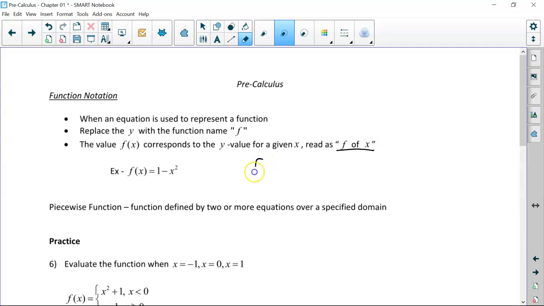And what's nice about function notation, f of x, let's say equals 1 minus x squared. So let's say if we had f of 2, it's 1 minus 4, which is negative 3. What's nice about function notation is our input is in parentheses, and our output is on the outside. It gives us our input and output all in one statement.